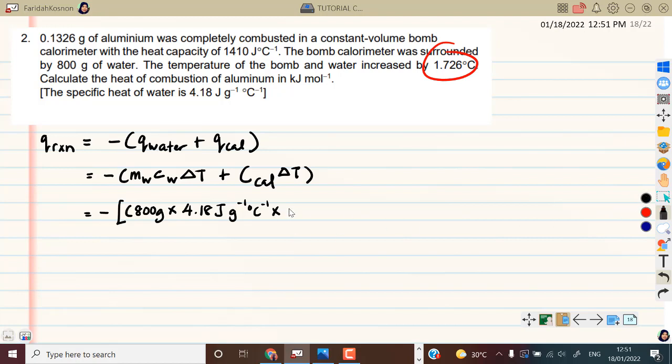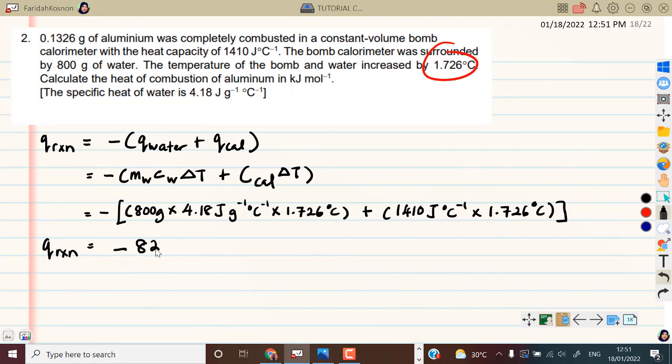Okay, 1.726 degree Celsius plus heat capacity of the calorimeter is 1410 joule per degree Celsius, alright, times 1.726 degree Celsius. Okay, calculate the Q reaction. You will get Q reaction negative 8205.4 joule.